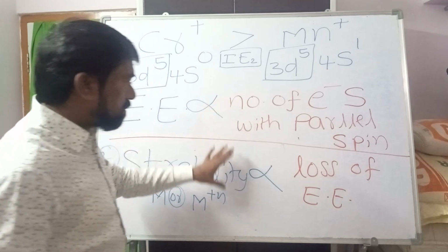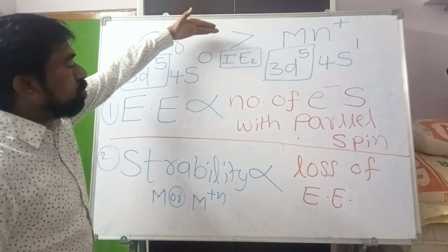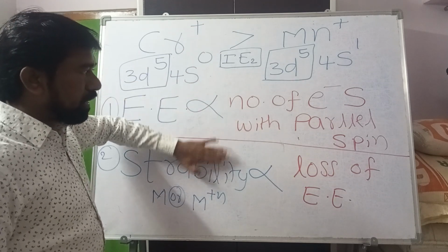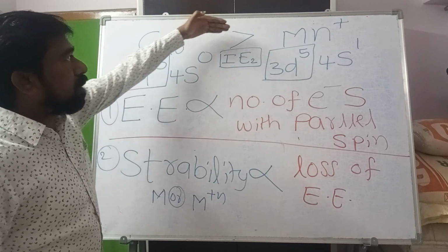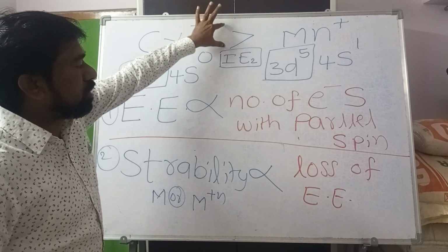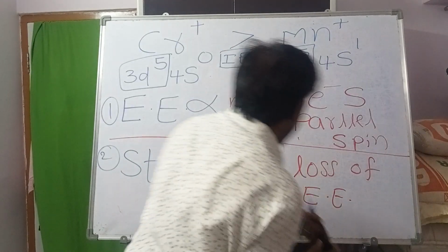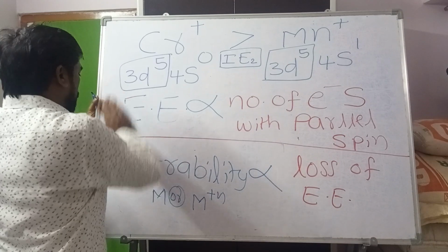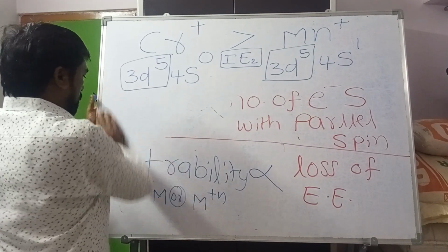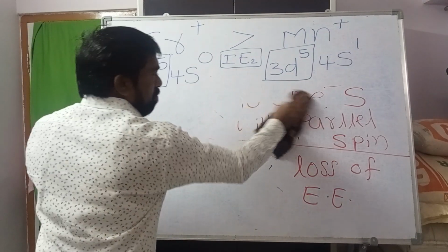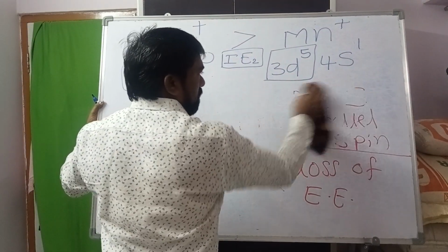Based on these two factors, we can explain this example. Remember these two factors, then we can apply these two points to this example. Now see how it is applicable. Chromium and manganese are both in the 3d series.